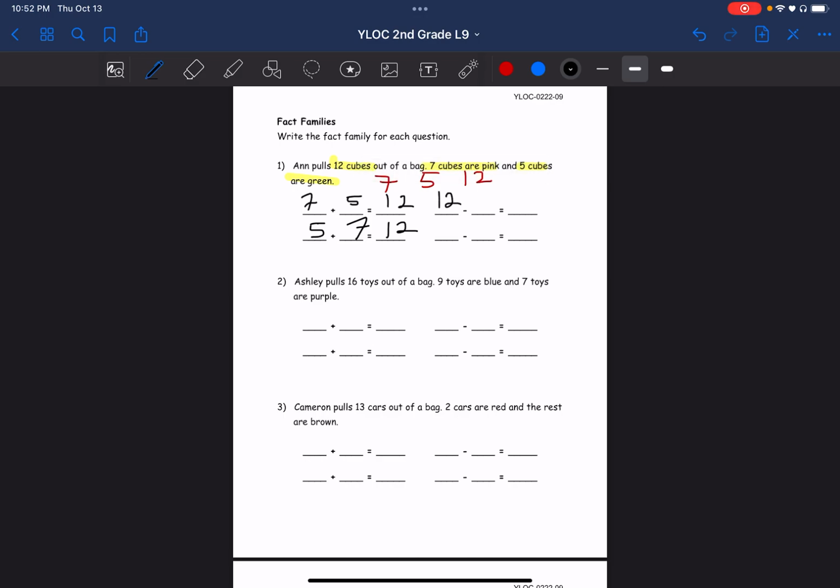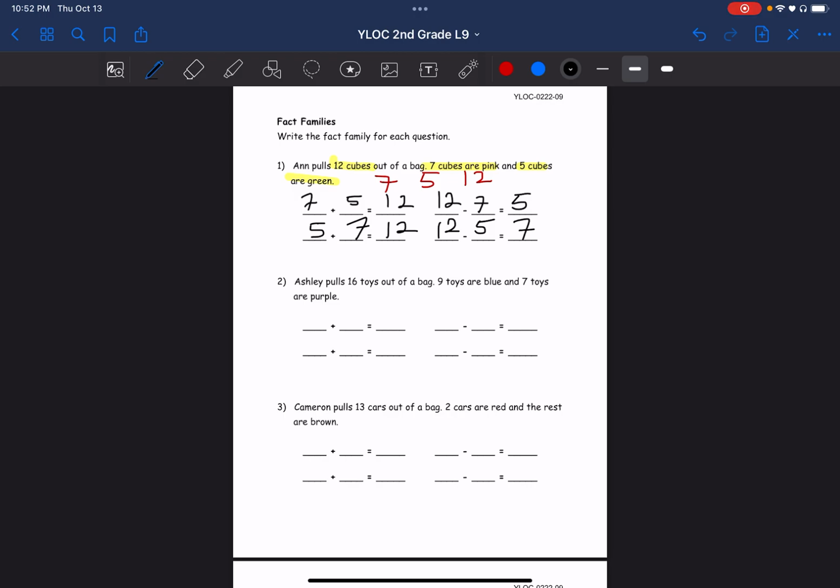And then let's put minus the 7, which means there's 5 cubes because she picked out 7 cubes and they're pink, and the total was 12, and there's 5 cubes that are green remaining, so 12 minus 7 equals 5. And then reverse the 7 and the 5. 12 minus 5 green cubes, we get 7 pink cubes left.